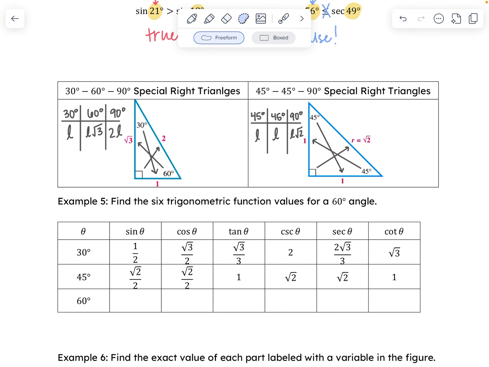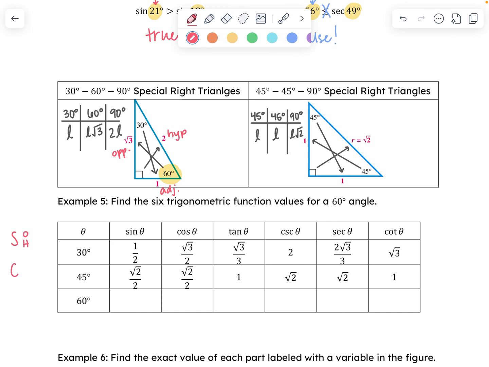I've already given you all of the trig values for 30 degrees and 45 degrees, but let's find the ones for 60 degrees. So if I look at my special right triangle that has 60 degrees in it, I've got my hypotenuse over here across from the 90-degree angle, my adjacent down here next to my 60, and my opposite over here, opposite the 60-degree angle.